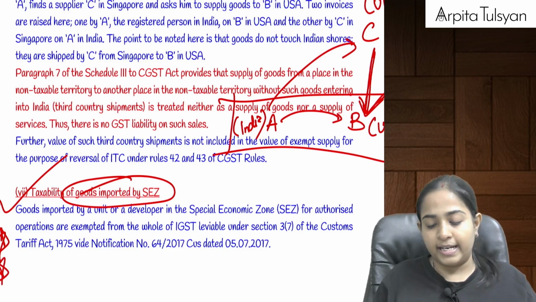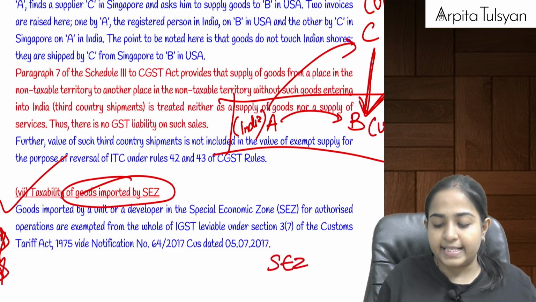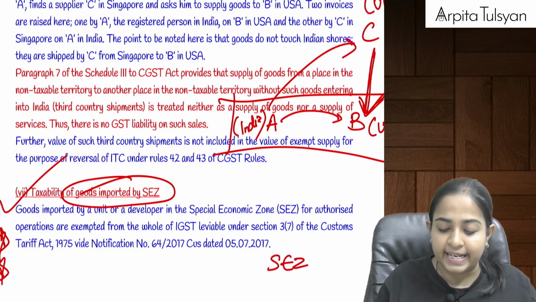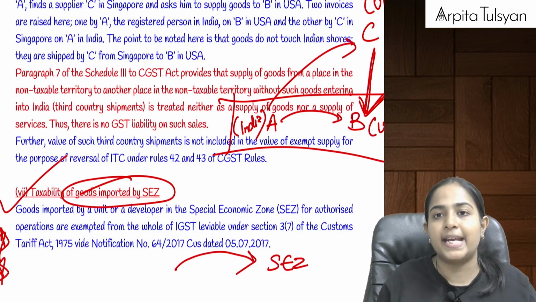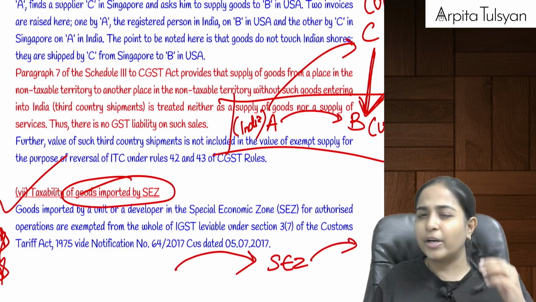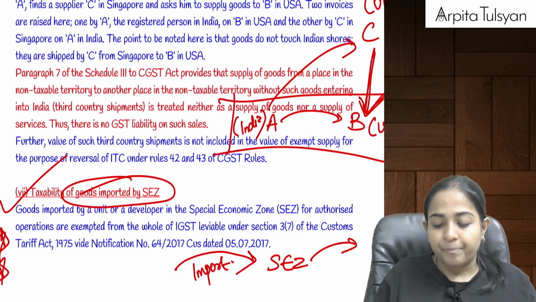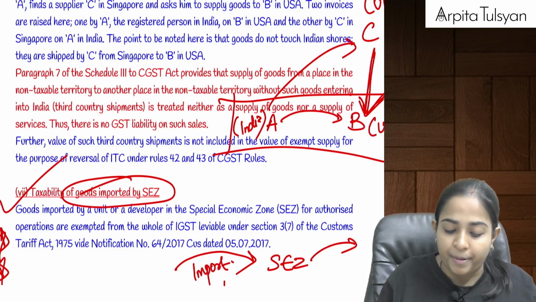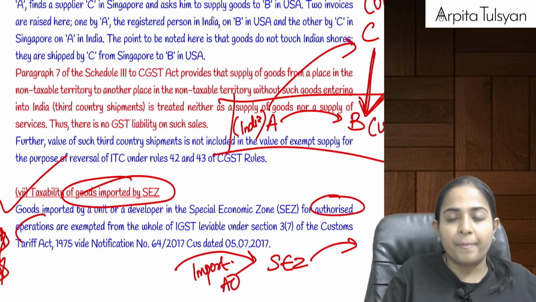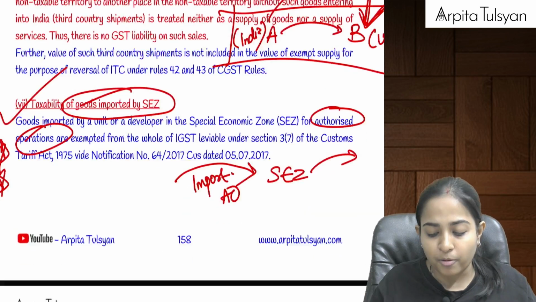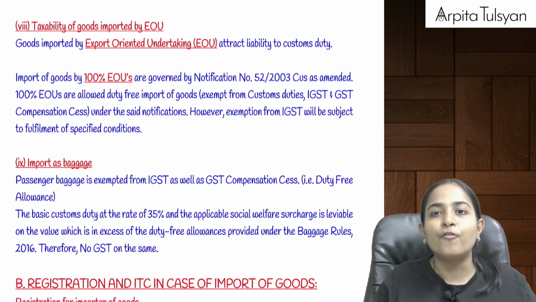They are telling us that whenever any SEZ unit or SEZ developer is importing any goods, their main purpose is going to be export only. So whenever they are importing any goods for authorized operations, it will be totally exempted from IGST because they are doing good for the country.